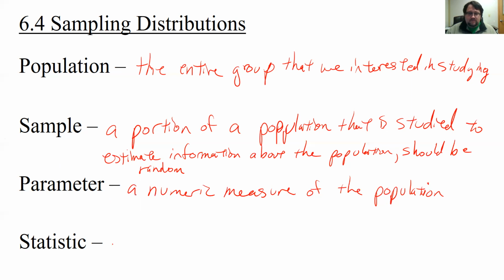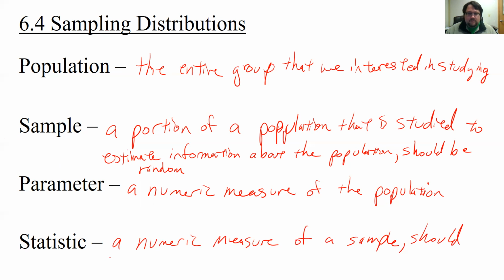So the statistic is a numeric measure of a sample, and this should be representative of the whole population. So it should be representative of a parameter.